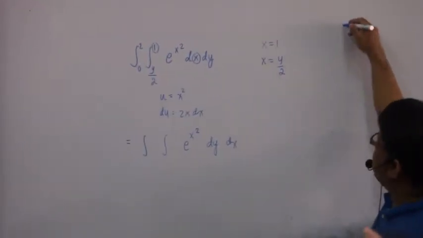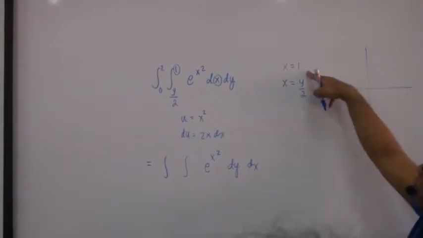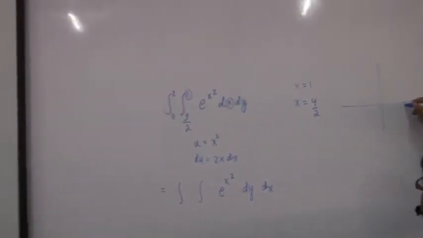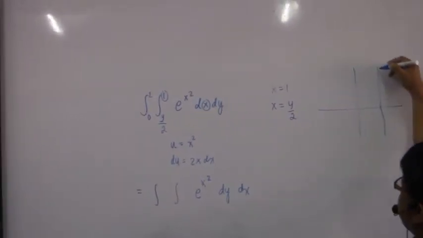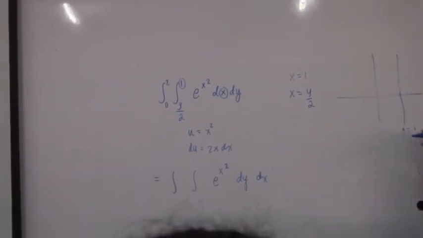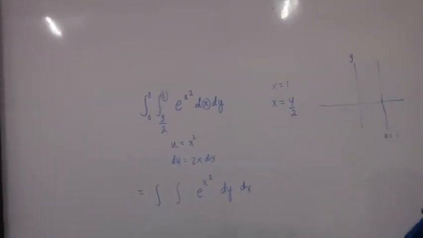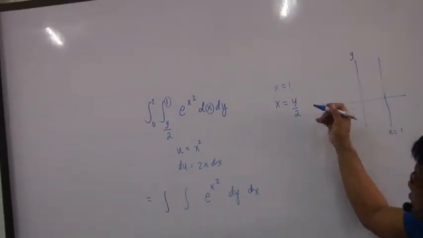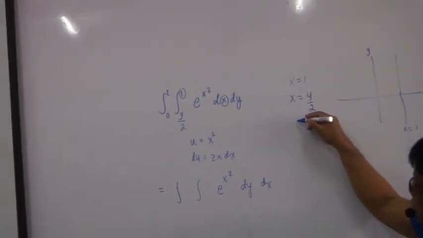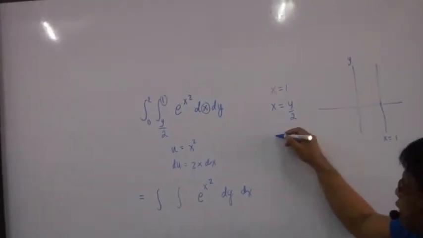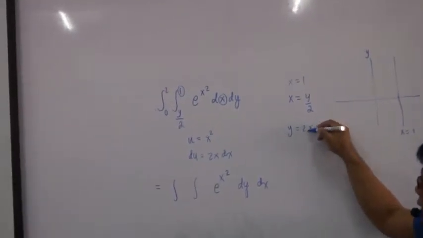The graph of x equals 1 is the vertical line, 1 unit from the y-axis. What about x equals y over 2? If we arrange the equation, we can also have this as y equals 2x.